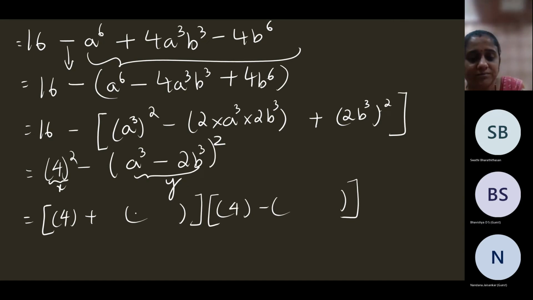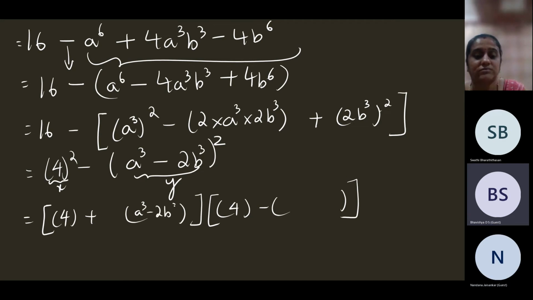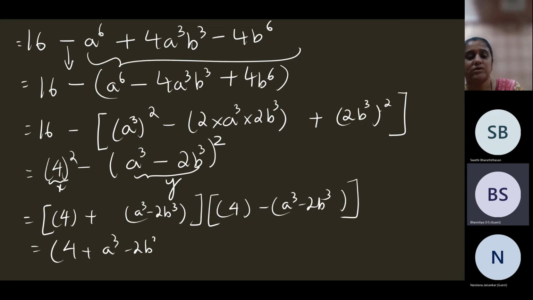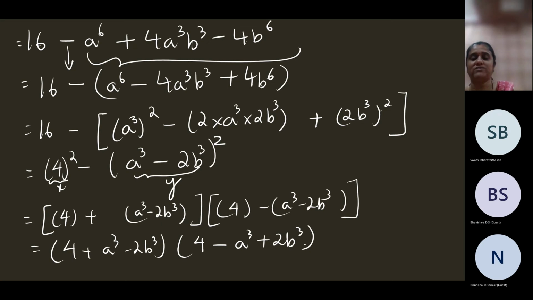Second bracket? A cube minus 2b cube, ma'am. So open the bracket. 4 plus a cube minus 2b cube into 4 minus a cube plus 2b cube.